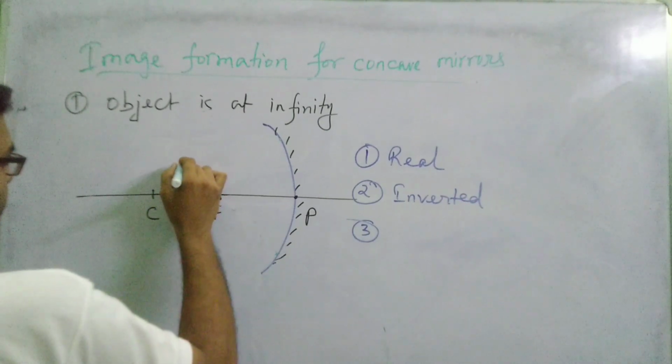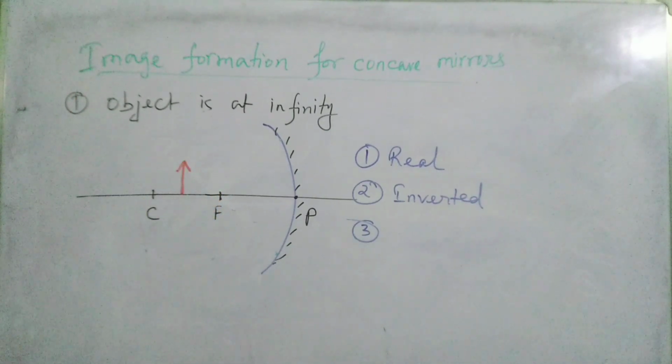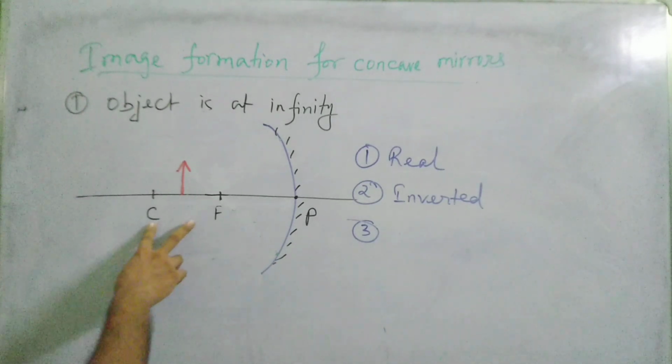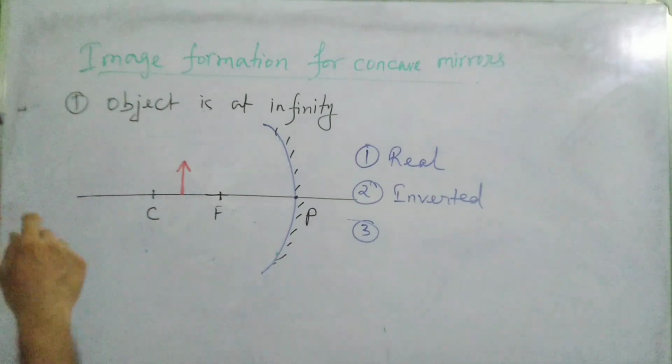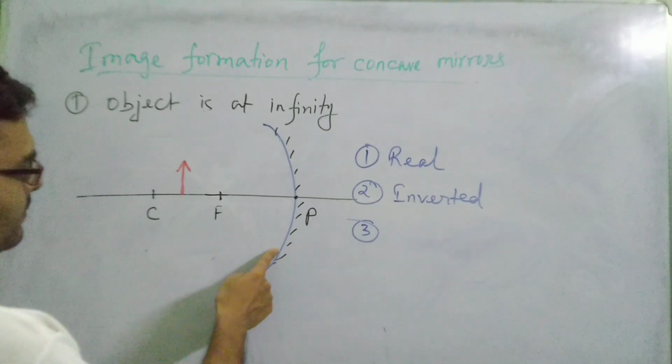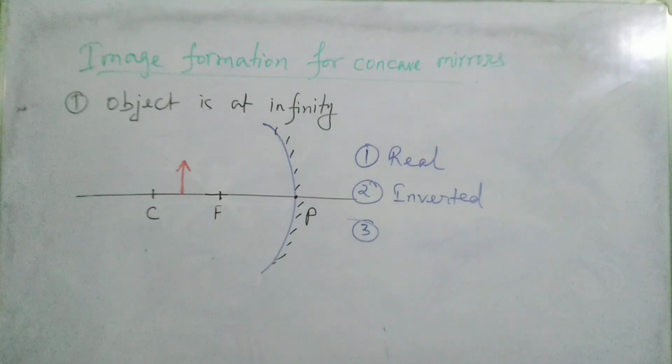Okay, like this. Fine. Now when you are taking the radius of curvature, the length between C and P has to be 6 cm. You can take the object to be 1.5 cm or rather 2 cm. It's better to take 1.5 cm, so it will be easier for you to draw the diagram.